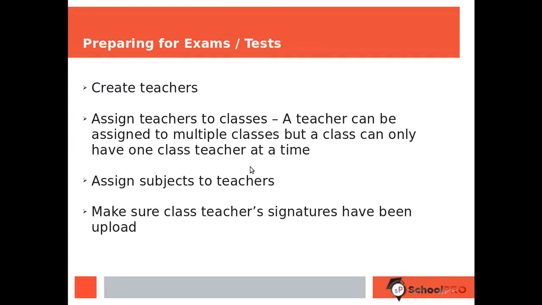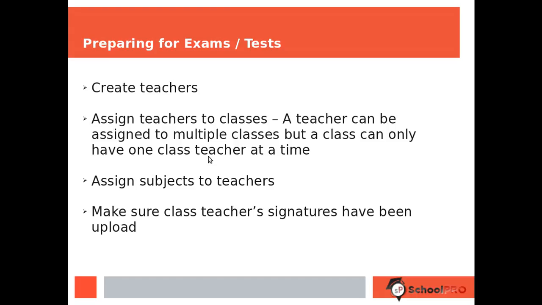Furthermore, you need to ensure that teachers are created, and you need to assign these teachers to classes. Note that a teacher can be assigned to multiple classes, but the class can only have one teacher. Only one class teacher at a time.